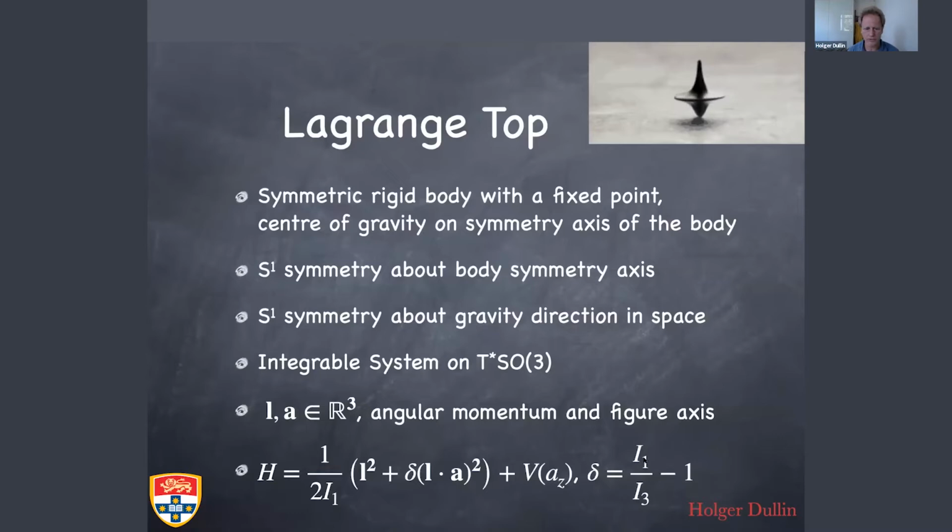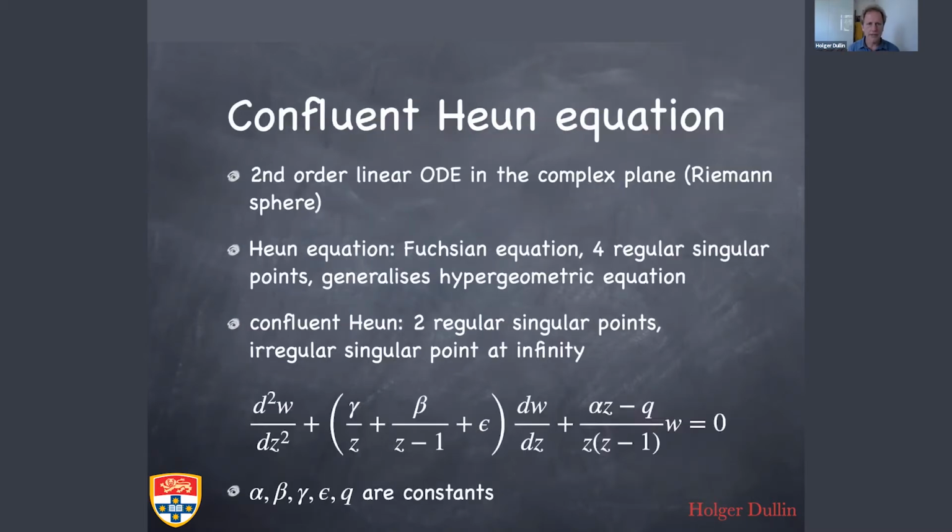If I1 and I2 are equal already, and the third moment is also equal, then delta is 0. Then we have the spherical top, and this term disappears. And then there's some potential that depends on the Z component of the figure axis. In gravity, this is just a linear potential, but I want to be slightly more general than that in this talk. Okay, so much for the Lagrange top.